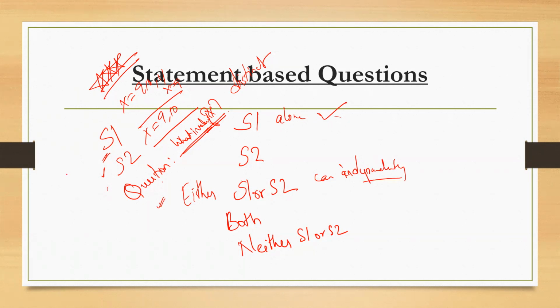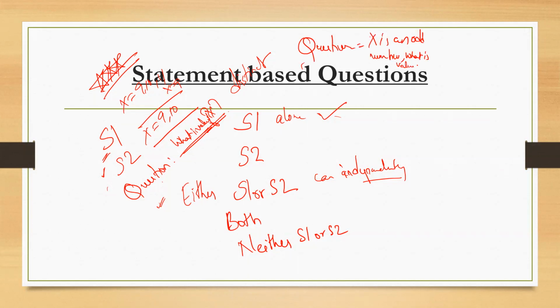Now let me say, repeat from the start. See here, Vicky, what I am talking about is the question that is asked. Let me make it very clear. The question asked of you is, let's say, what is the value of x? X is an odd number, and what is the value of x?